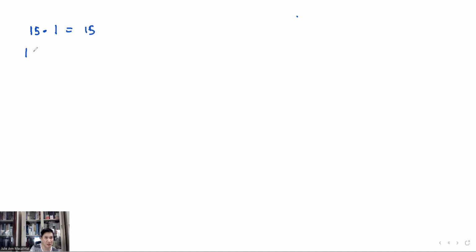Now I will insert 0, 1, 0, 1, 0, 5, times 1, and then I will add another 1. And this becomes 1, 1, 1, 5, 5.